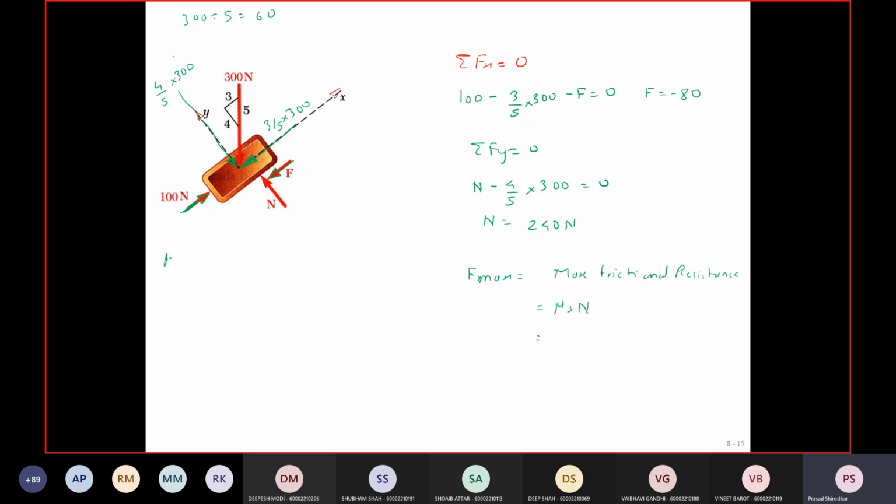Mu static is 0.25, which is given in the question. So it is 0.25 into 240, that is equal to 60 newtons.